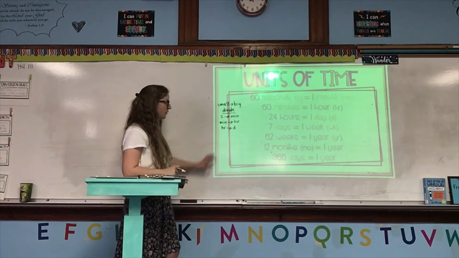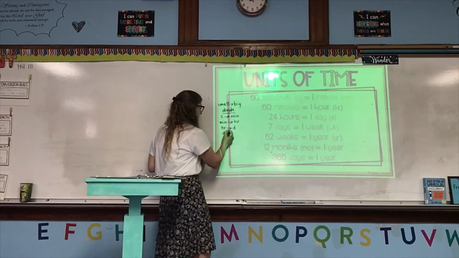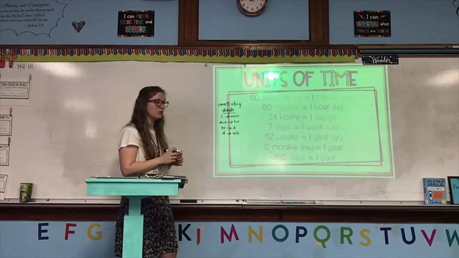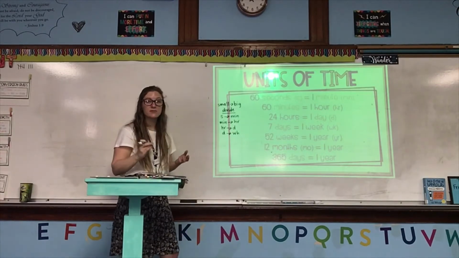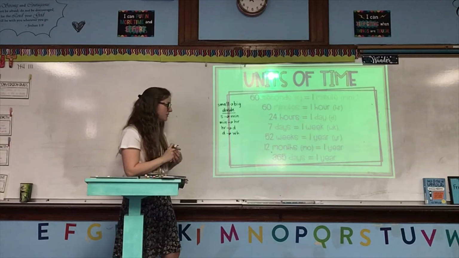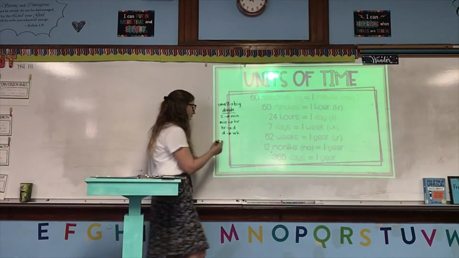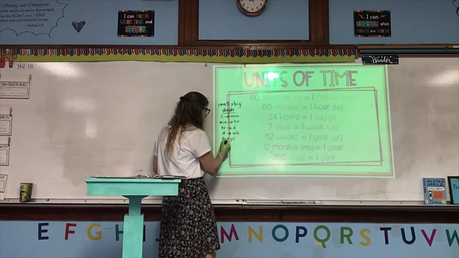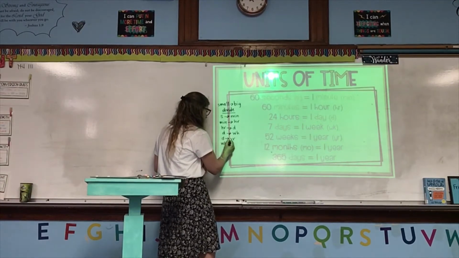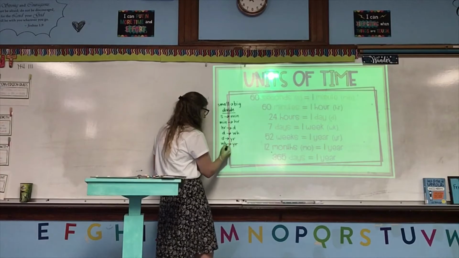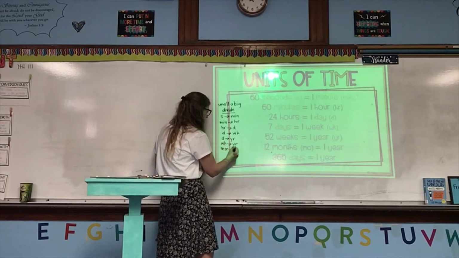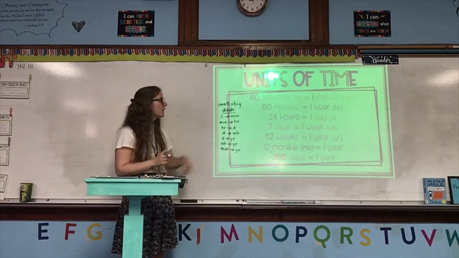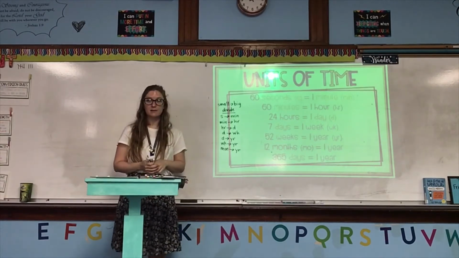Remember, you wouldn't go from days to weeks. Remember, you wouldn't go from days to months because there are different numbers, so your math book is not going to have you do that this lesson. From days to years, weeks to years, or months to years, or anywhere in between that, you are going to divide.